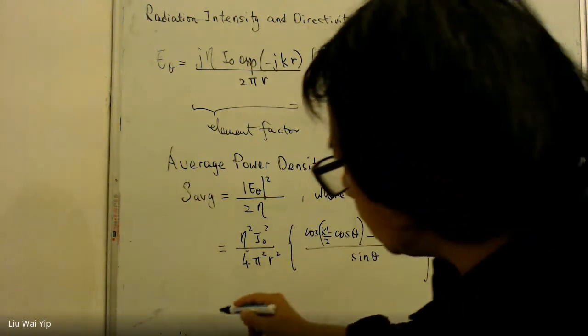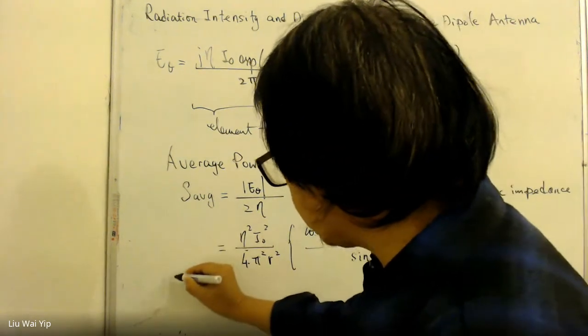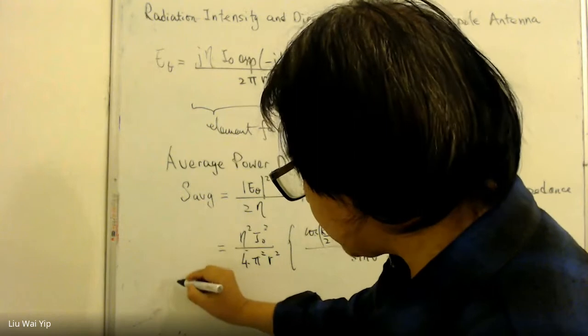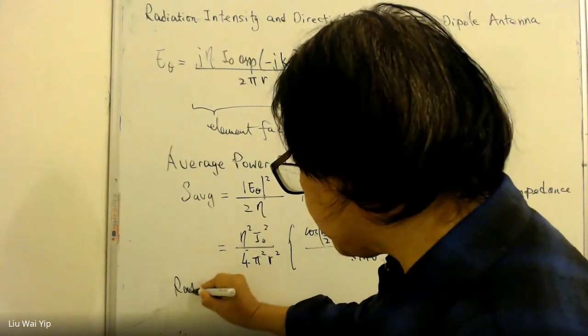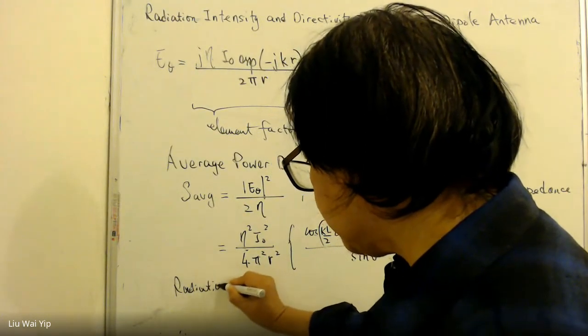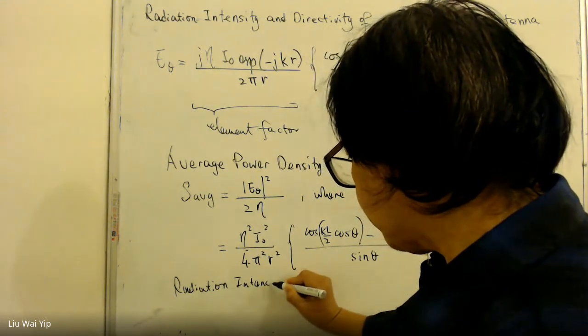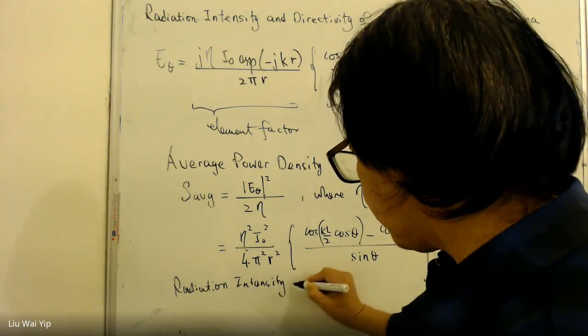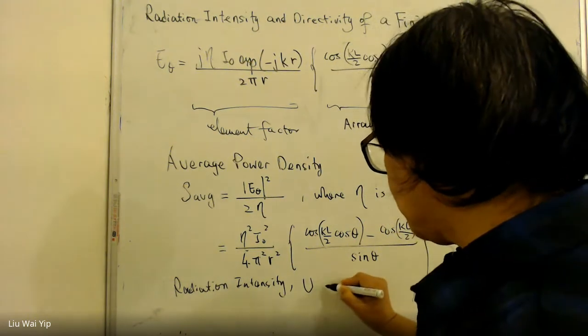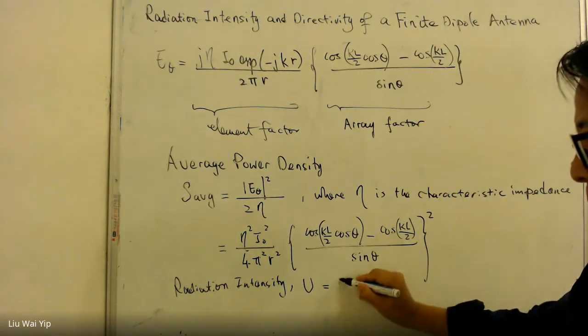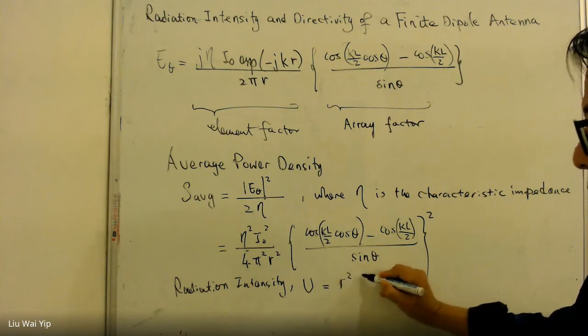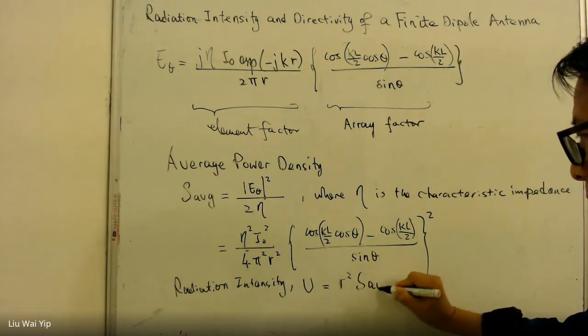So if we continue, we need to write down the radiation intensity U. U is given by r squared times S average.